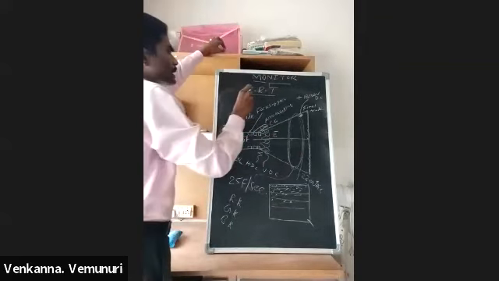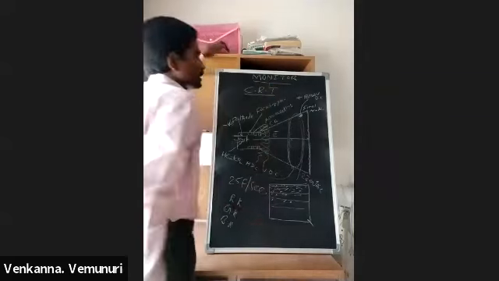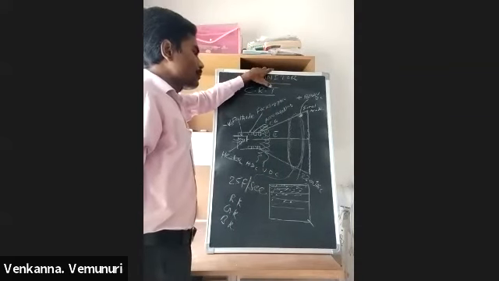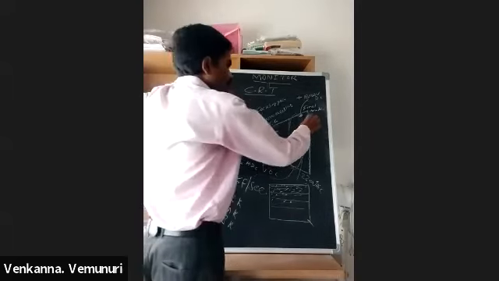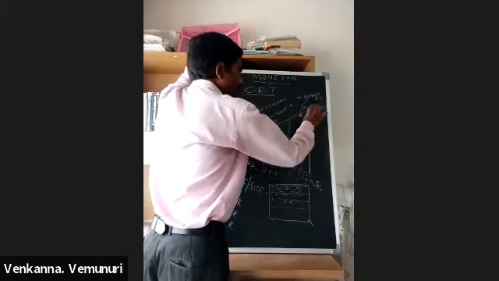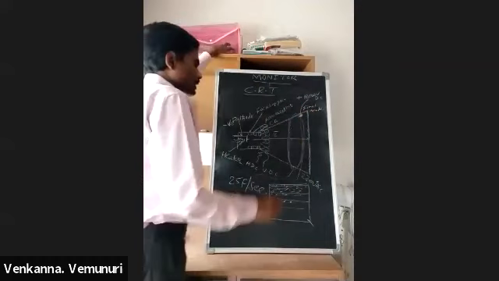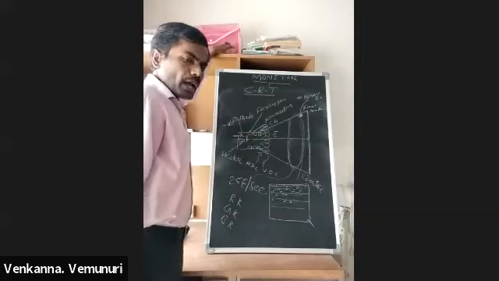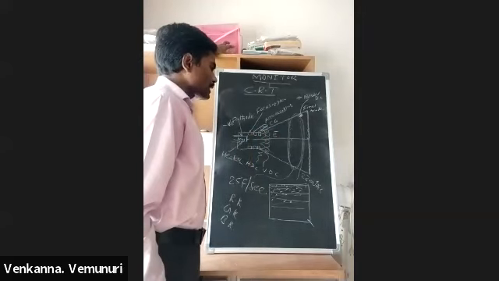Means here in a CRT monitor, we are using a cathode ray picture tube. The front side of the picture tube has one glass. The back side of this glass has a phosphorus coating, and the back side of the picture tube has one small tube. That tube is called the neck.